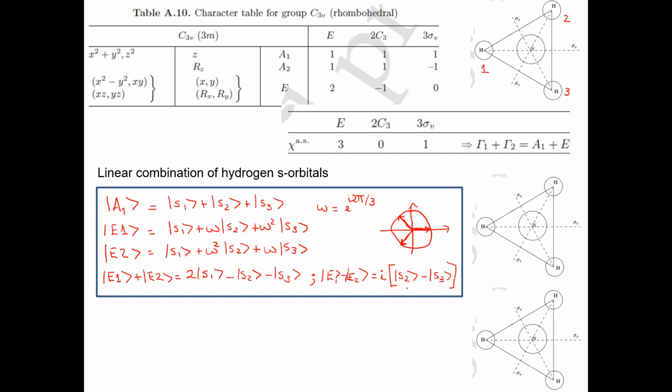The first one, the A1 representation, is easy because it's just a symmetric sum of the three s orbitals. But let's see these 2D basis functions here: 2s1 minus s2 minus s3. This is atom 1, right?